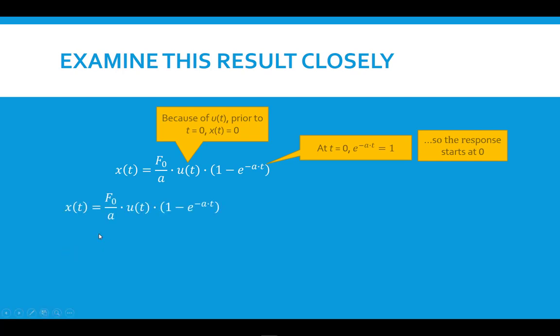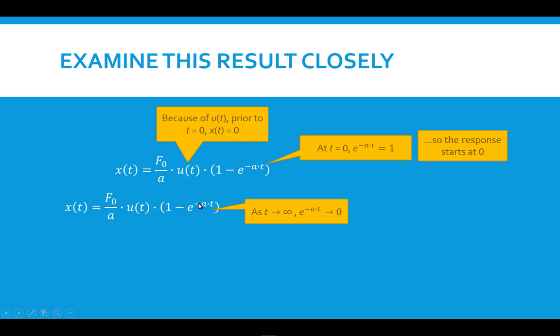And then let's look at what happens in a little bit more detail. As t goes to infinity, because of this negative sign here, this number becomes smaller and smaller and smaller. So as t goes to infinity, e to the negative at goes to 0. So this term right here dies off.